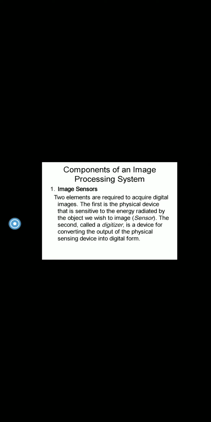The first thing we are talking about is the image sensor. The image sensor is a physical device which is usually present in the camera. It is sensitive to the energy radiated by the object, meaning it captures the light emitted by the object and converts it into an electrical quantity. The output of the sensor is analog in nature.